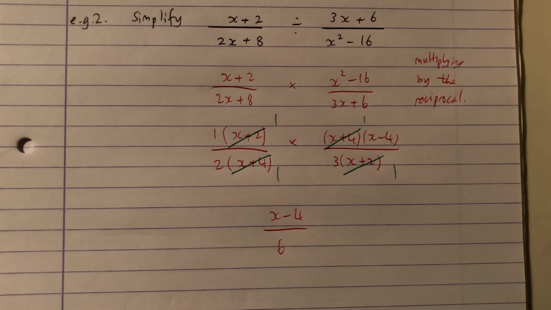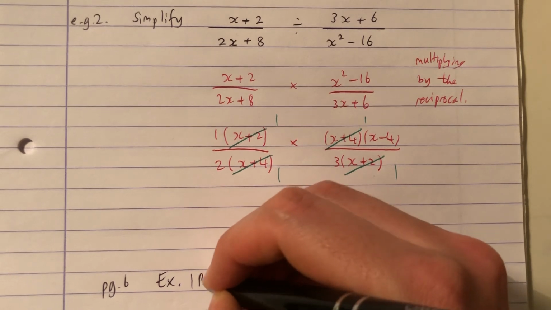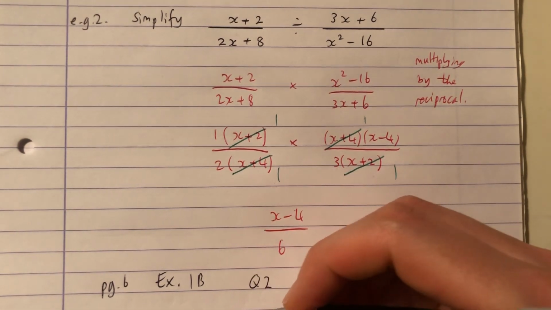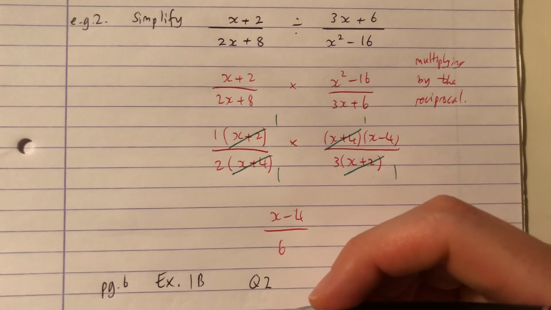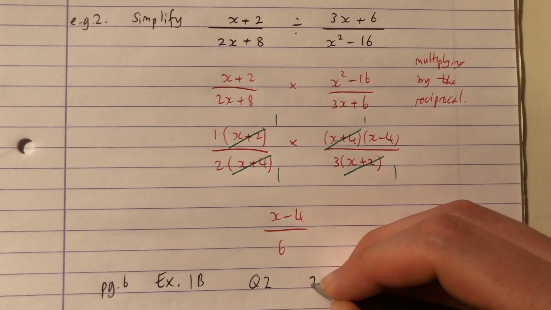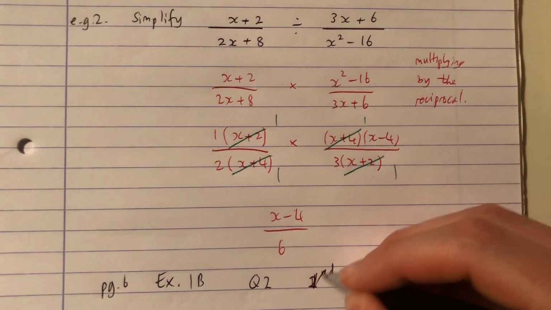Now, the questions I would like you to complete are in Exercise 1B, which is on page 6 in the textbook. I'd like you to try question 2, and we'll go for the first column.